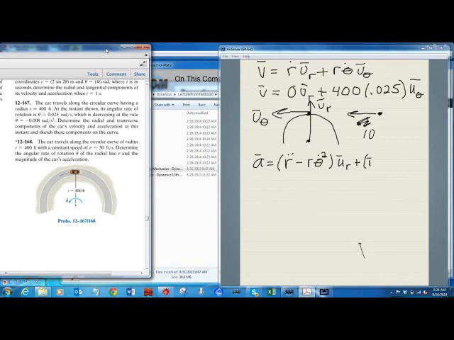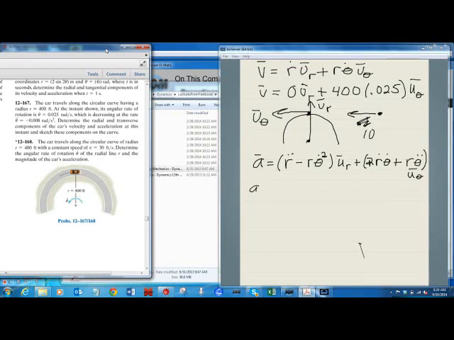I think the hardest thing in these is just writing the equation.